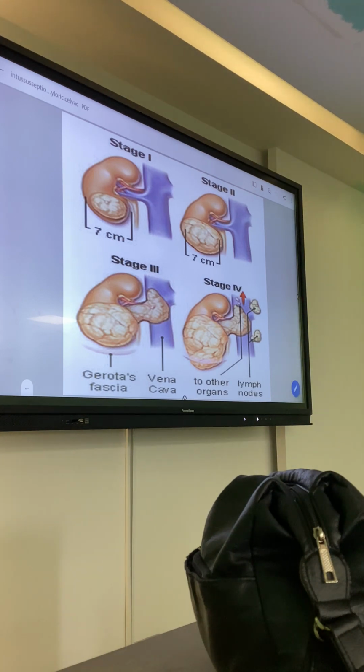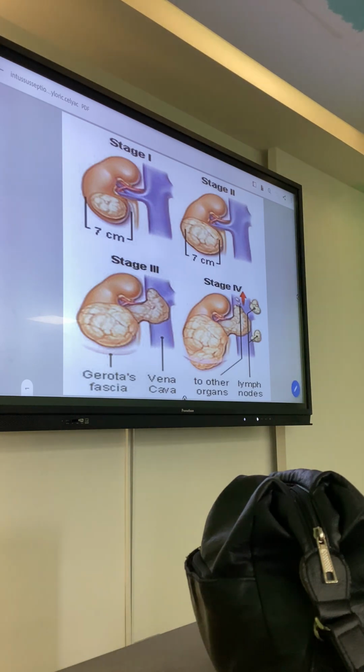If the stage of cancer goes up, the danger is greater. How do you detect cancers? Clinical manifestation, for example, in the kidney. By biopsy, X-ray, or MRI.